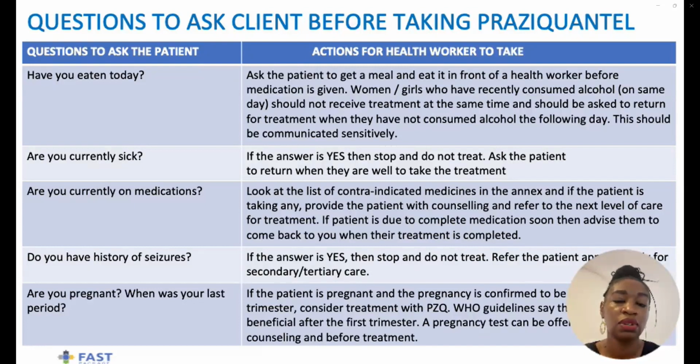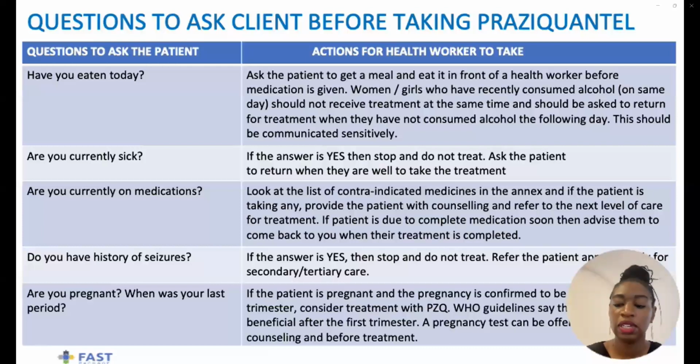For instance, we talked about the major interaction we have is with rifampicin, which is a major drug inducer. Then, do they have any history of seizures? Because most of the time intake of praziquantel can actually induce a seizure in someone who has a history of epilepsy, and also in someone who is on some of these anti-epileptic drugs, because they tend to increase the level of praziquantel.